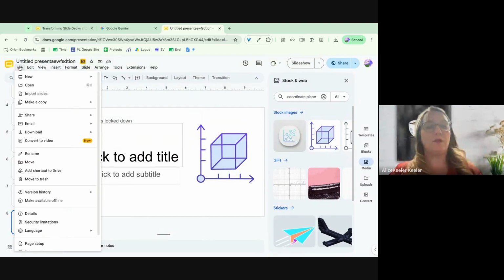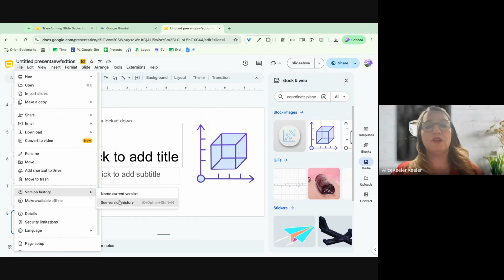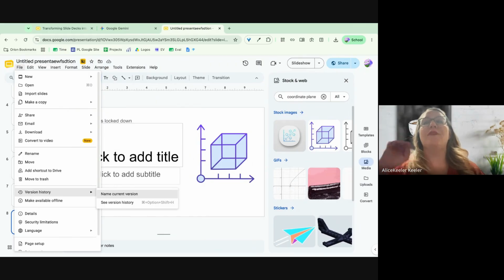And then I want to use the file version history and name the current version. So before I have students touch a collaborative document, I save the current version, the blank template.